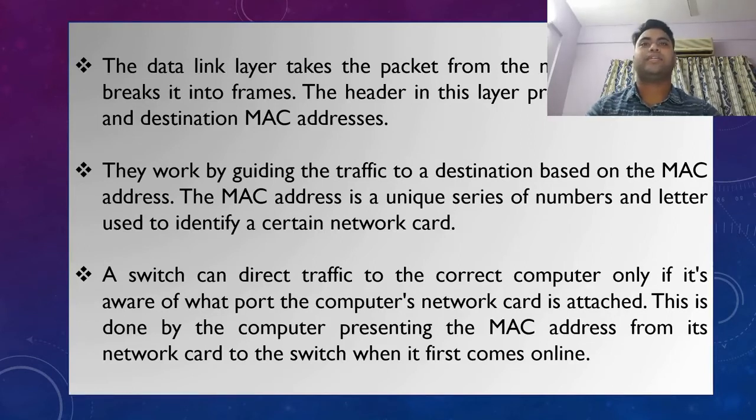The header in this layer provides the source and destination MAC address. Switches work by guiding traffic to a destination based on MAC addresses. The MAC address is a unique series of numbers and letters used to identify a certain network card.